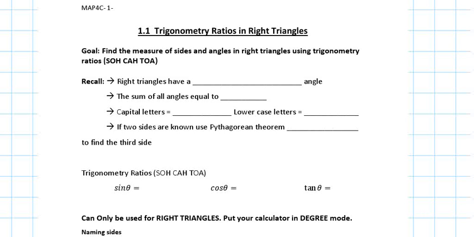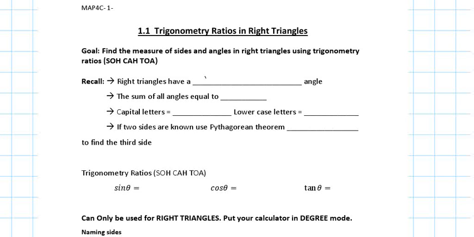Okay. All right, so going over the trigonometry ratios. We're going to go over finding the measure of sides and angles in a right angle triangle using trigonometry ratios. So right triangles have, what did we say, what kind of angle do they have?